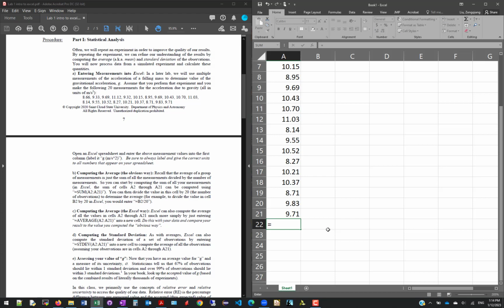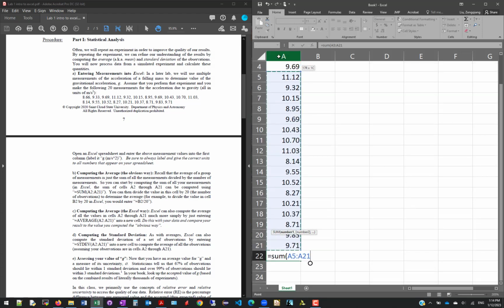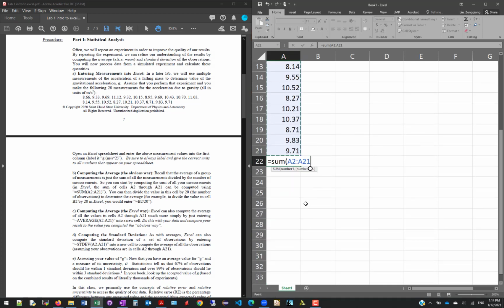Without the equal, if you type anything in, whatever it is, it's considered text. Even if it may appear to be a formula, it will not be processed as a formula unless you start with equal. And the case does not matter. You just type that up, and you can click and drag instead of typing in the exact range.